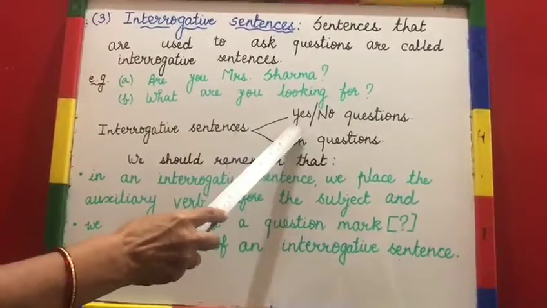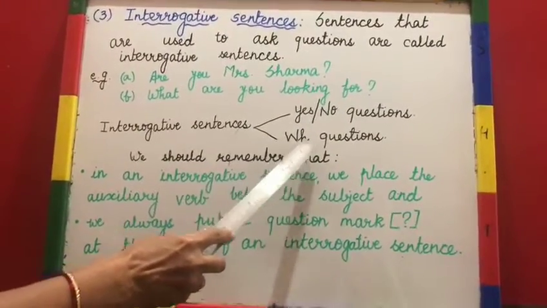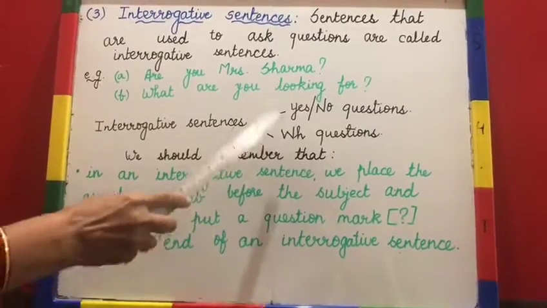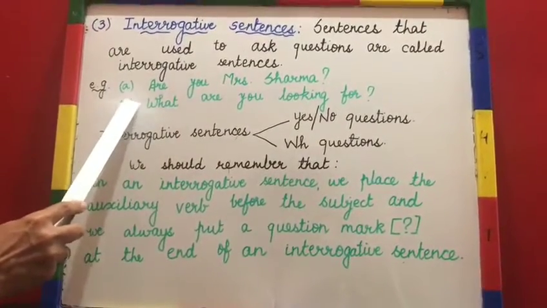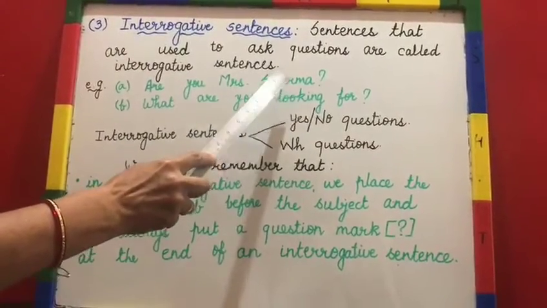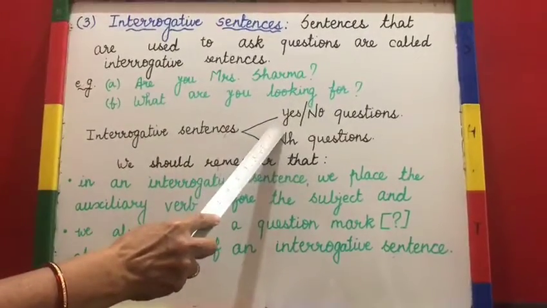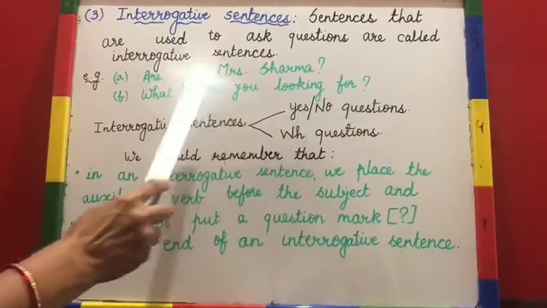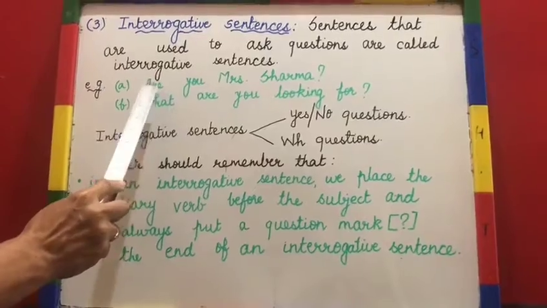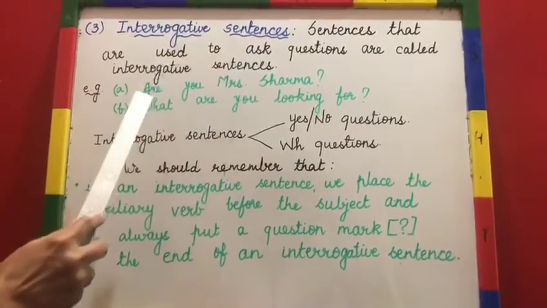One is the yes-no questions, and the next is the WH question. In the first example, are you Mrs. Sharma? the answer to this question can be either yes or no. So, this sentence is a yes-no type of interrogative sentence.